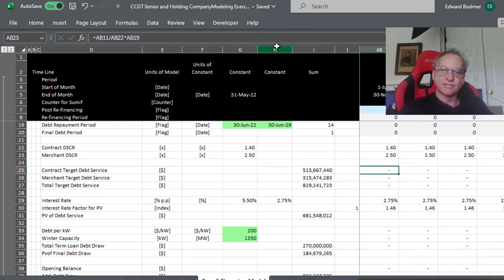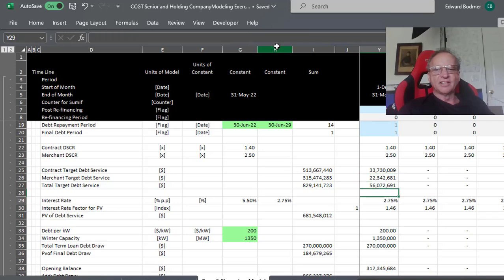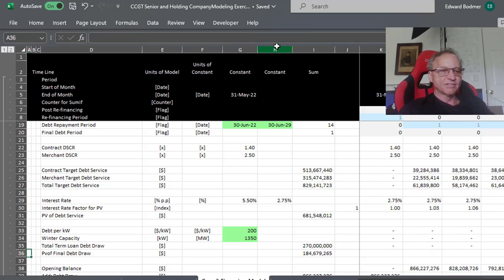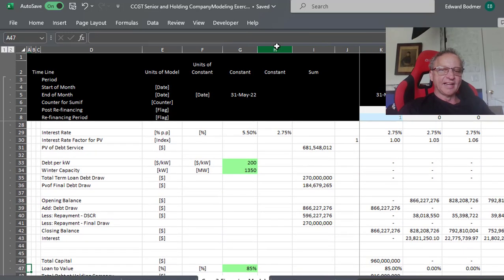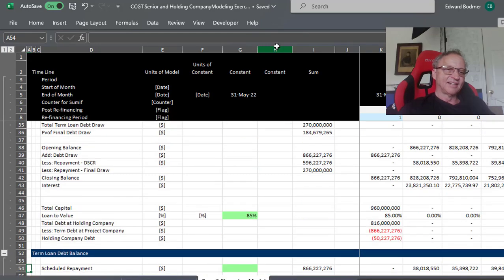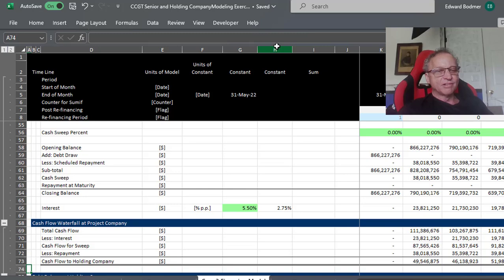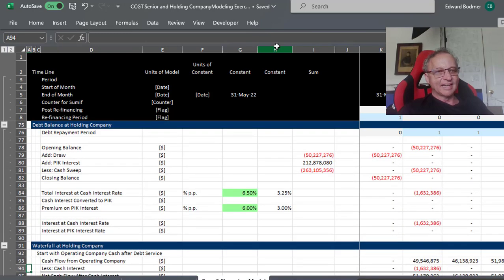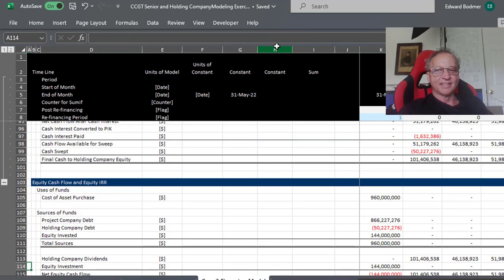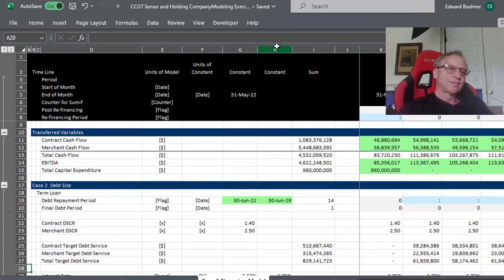This had a much shorter tenor, so we got a different value of the debt service, and a different value of the interest, and we put our project cash flow in and our holding company cash flow in, and oh my God.